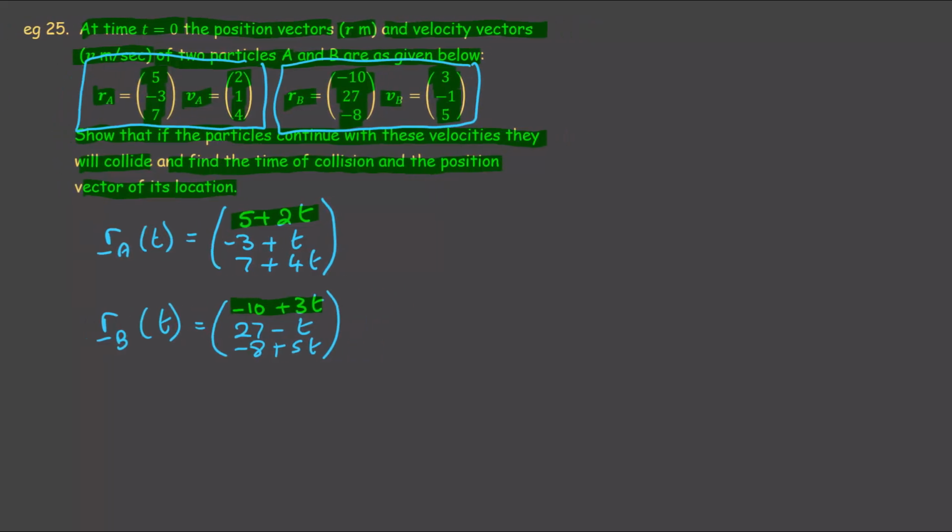So for this one here, we're going to have 5 plus 2t is equal to -10 plus 3t. Rearranging, that gives us t is 15.